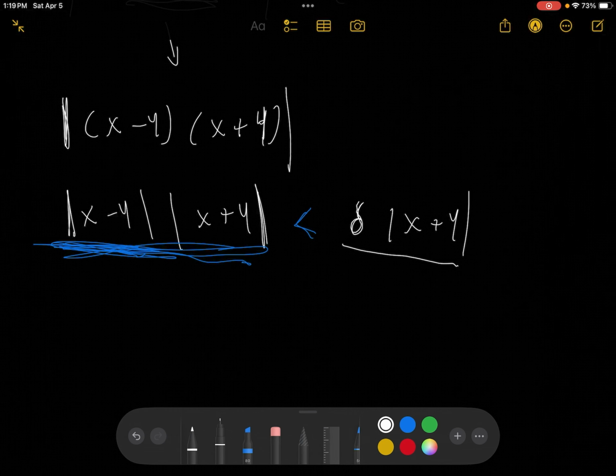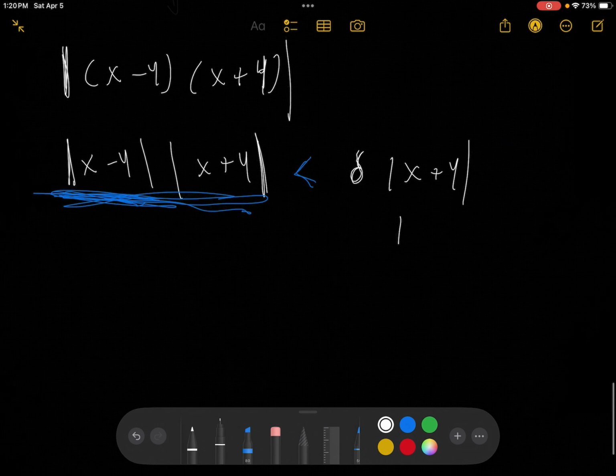Everything up to this point in our rough work was entirely correct. And in our final solution, we're still going to want to rewrite this expression as epsilon over some number.